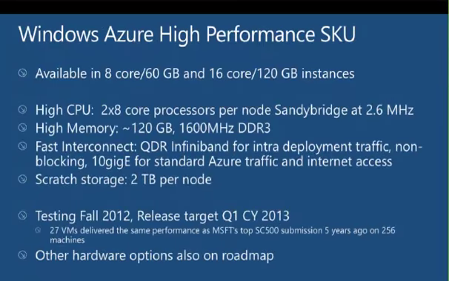So here is some of the new hardware that's coming up. One is an 8-core configuration with 60 gigabytes, and the other is 16 cores with 120 gigabytes. All of these instances are actually virtualized. That's the amazing work that Microsoft's server team has done. This is the RDMA work they have done for the virtualization, meaning that the interconnect as well as the CPU are extremely efficient, even though they are virtualized.